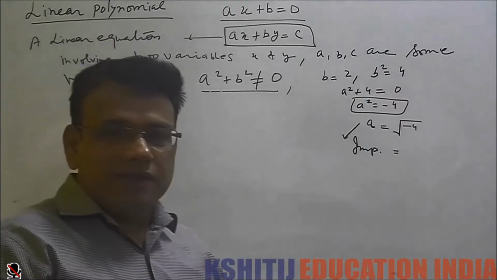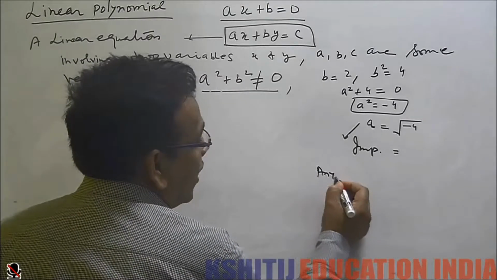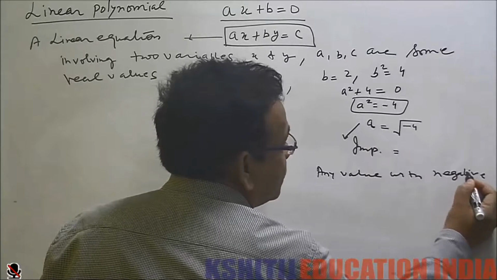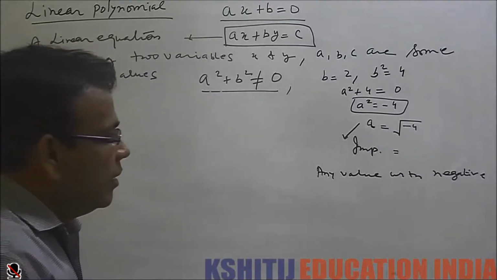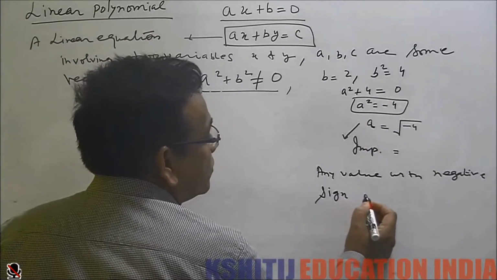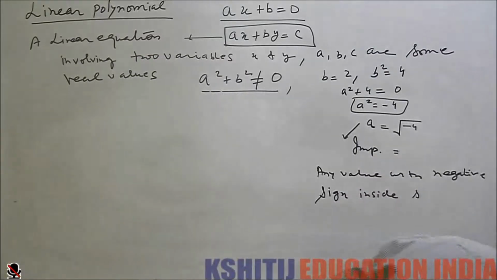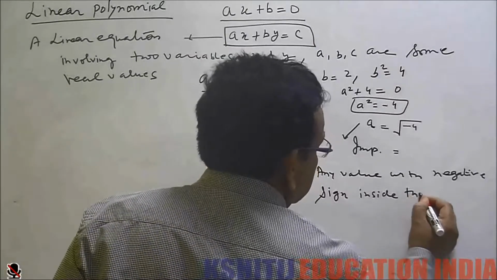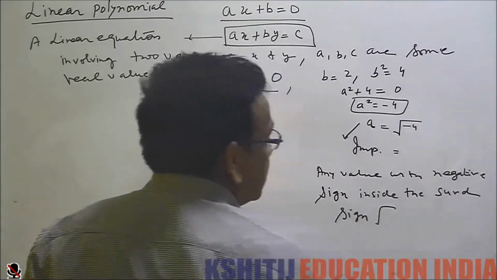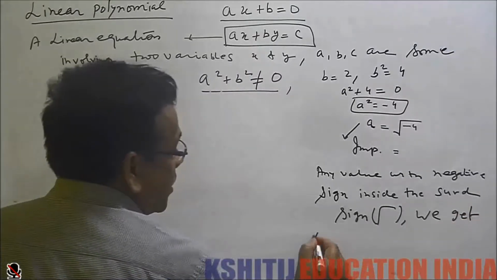Anything within the square root sign with a negative sign gives you an imaginary value.